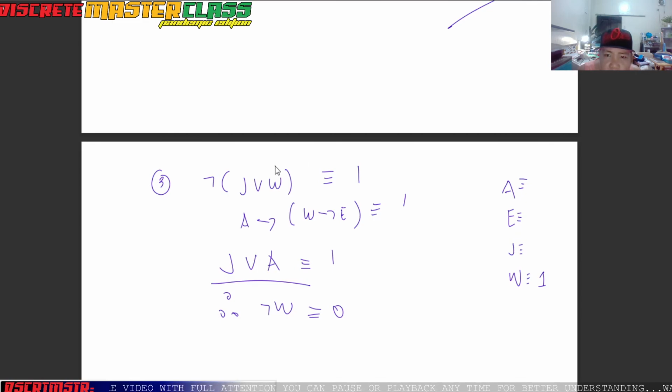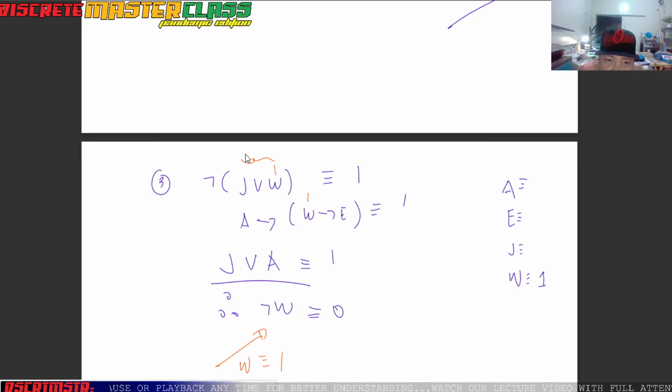W is 1. Okay. If W is 1, automatic the whole of this, J or W. Tama? From your conclusion, W is 1.